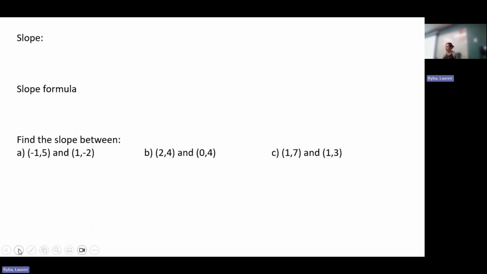All right, next thing we'll do is calculate slope between 2 points. So slope is a ratio of the change in y to the change in x.